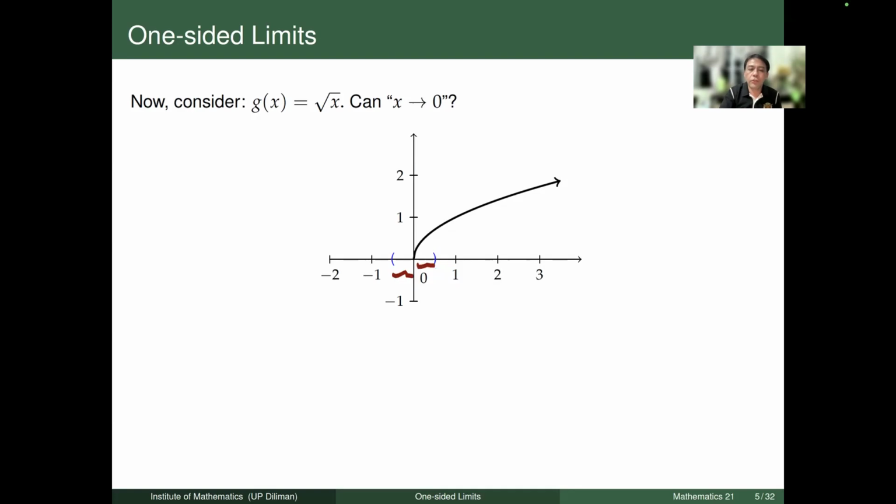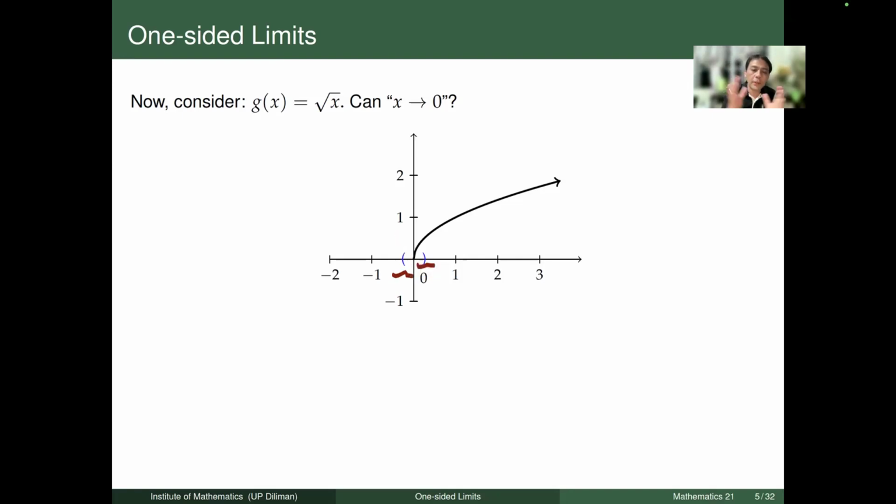Okay, so as we have smaller and smaller intervals, or x becomes closer and closer to 0, when x is greater than 0, we have points on the graph.